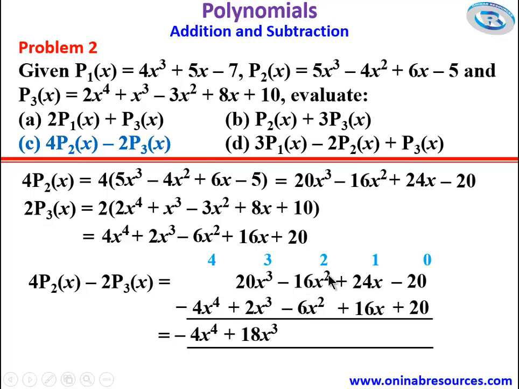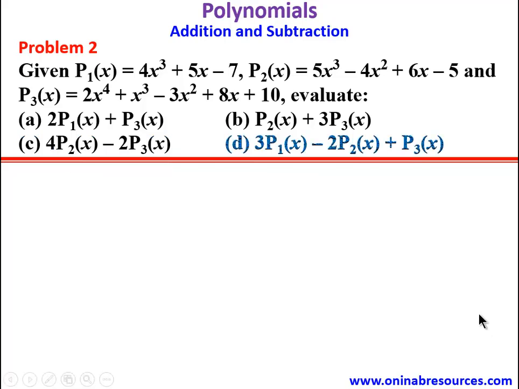So negative 16x² plus 6x² will give us negative 10x². 24x minus 16x gives plus 8x, and minus 20 minus positive 20 gives negative 40. And we are done with problem 2C.